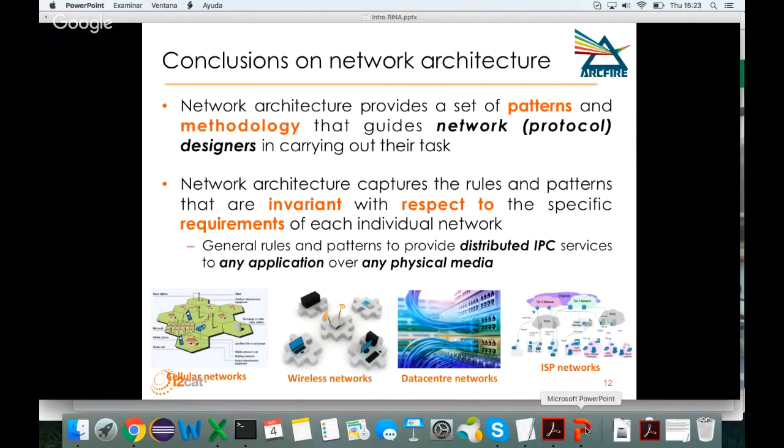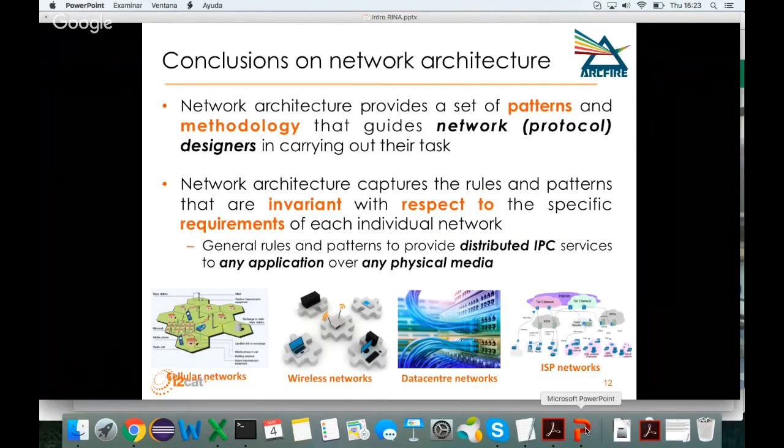So as a first conclusion on network architecture, we can see that network architecture provides a set of patterns and methodology that guides network protocol designers in carrying out the task, so that they don't start from scratch. They know what rules they have to fulfill in this universe of network protocol design to be successful.